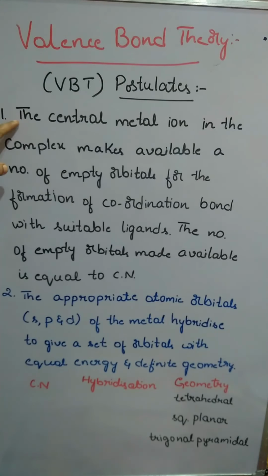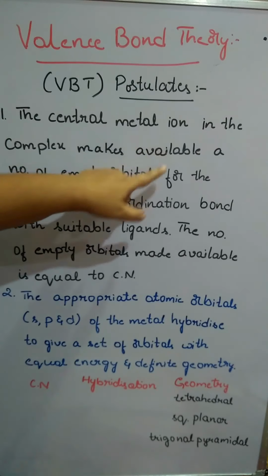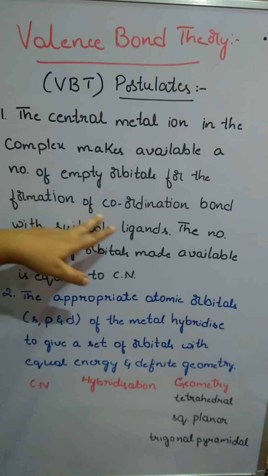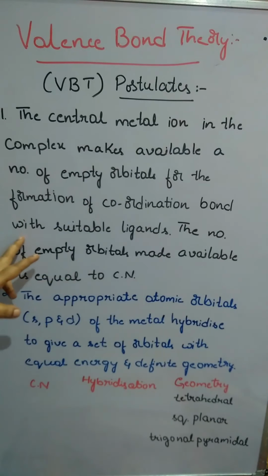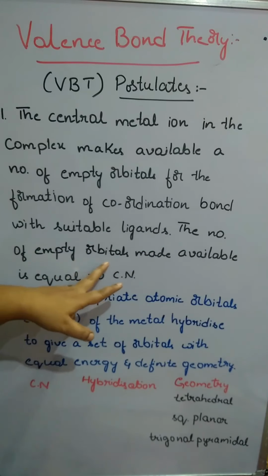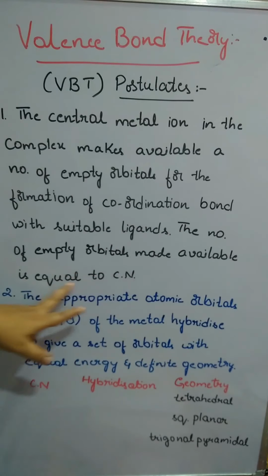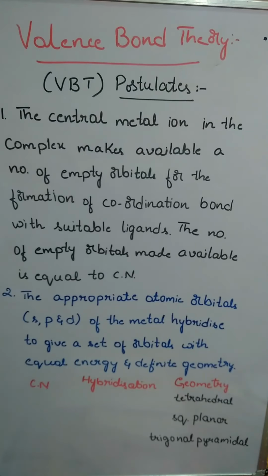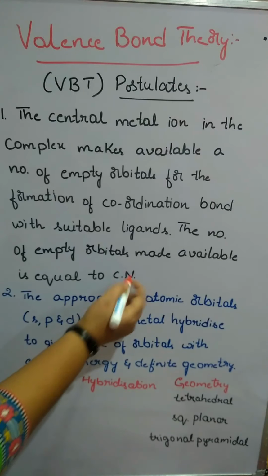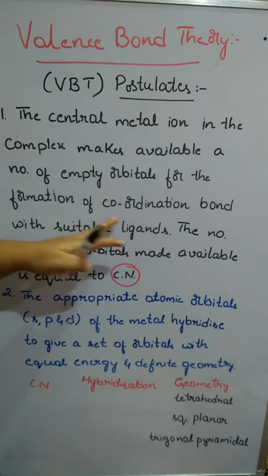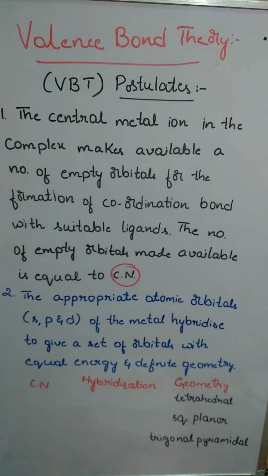The central metal ion in the complex makes available a number of empty orbitals for the formation of coordination bonds with suitable ligands. The number of empty orbitals made available is equal to the coordination number. So this is the first point. We have discussed this one earlier. The central metal is forming a coordination bond with the ligand.